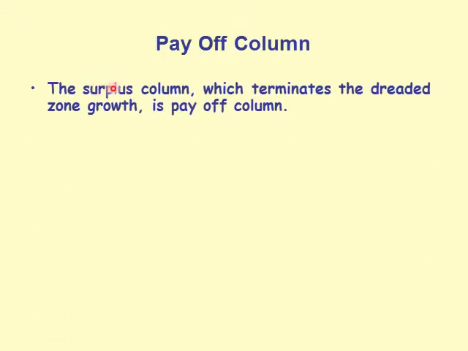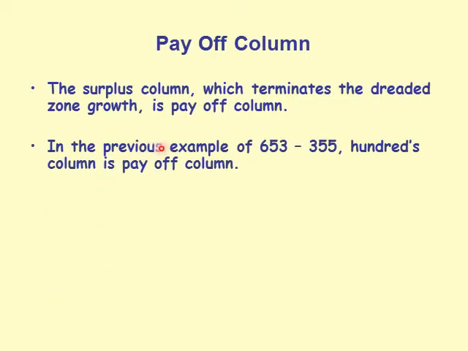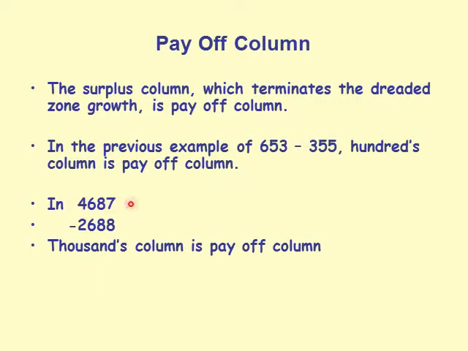Now we are going to look at a payoff column. The surplus column which terminates the dreaded zone growth is a payoff column. In the previous example of 653 minus 355, the hundreds column is a payoff column. In a new example, 4687 minus 2688, let's look at what's going on.